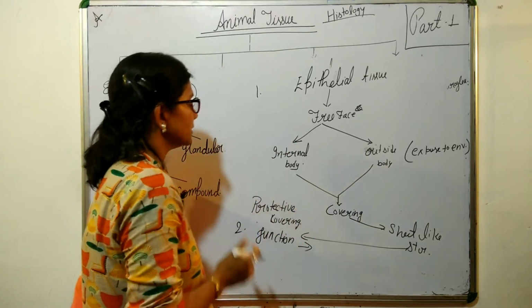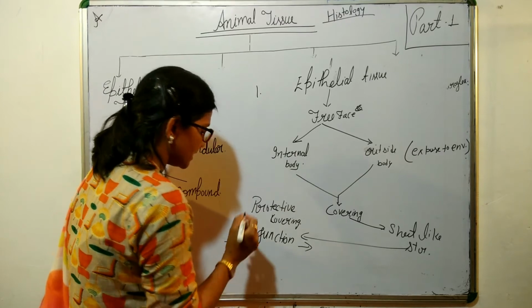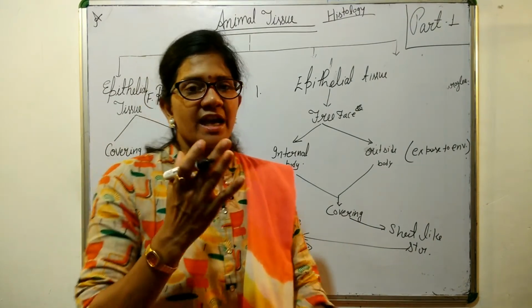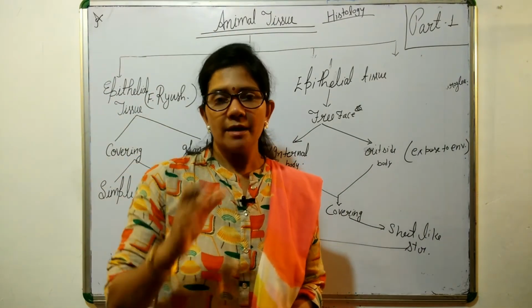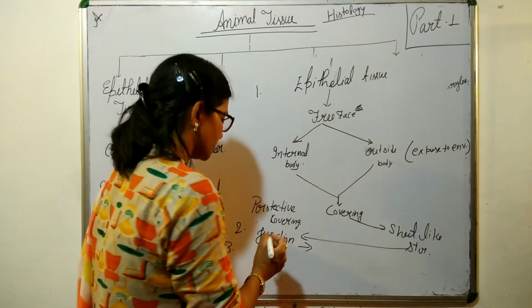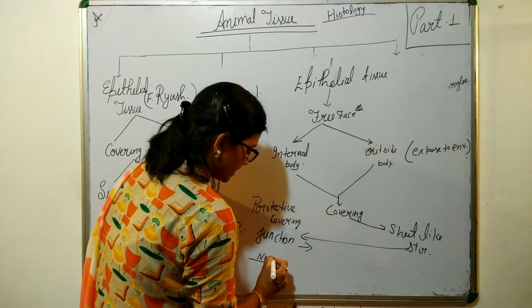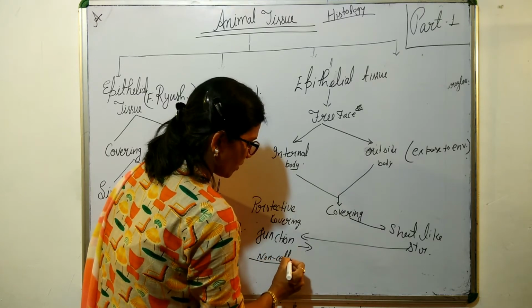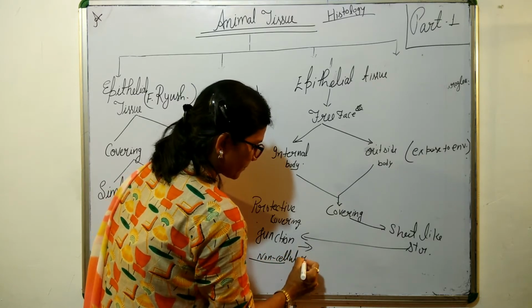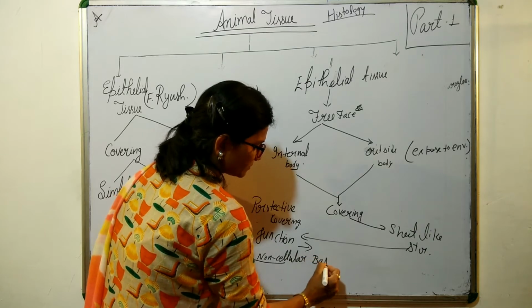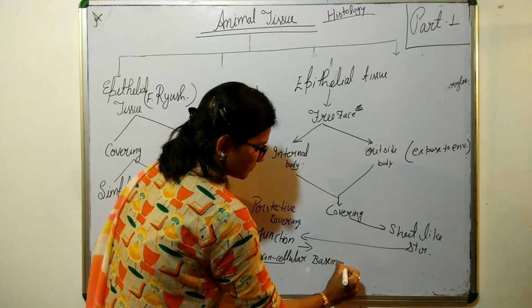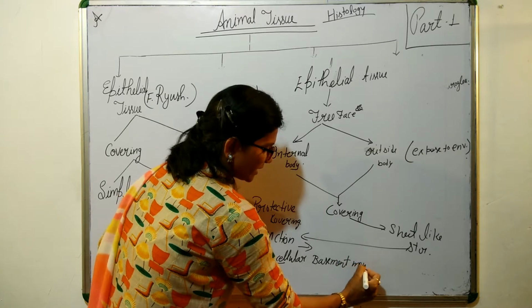Then the third point, a very important one: at the base part, the lowermost part of the epithelial tissue, there is a non-cellular, please pay attention here, non-cellular basement membrane.